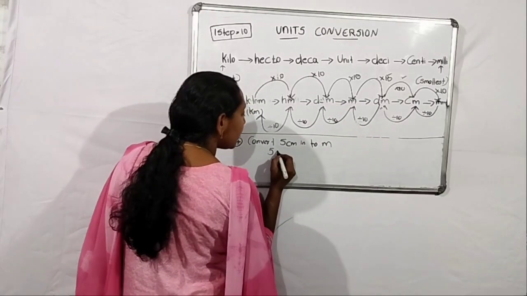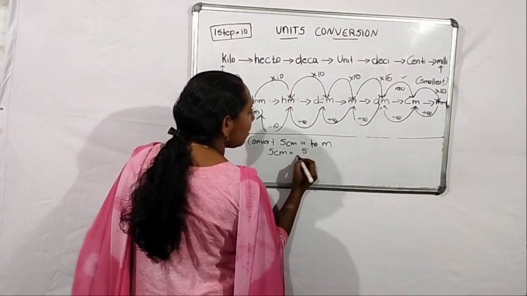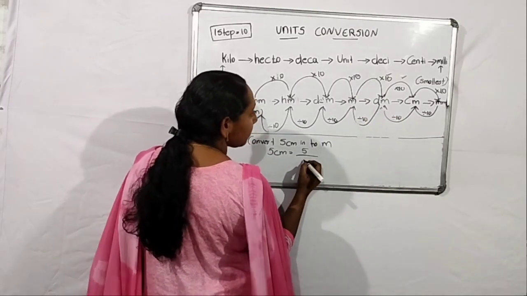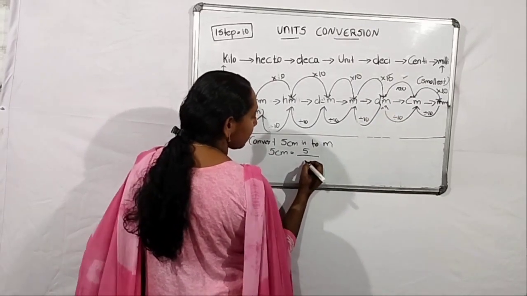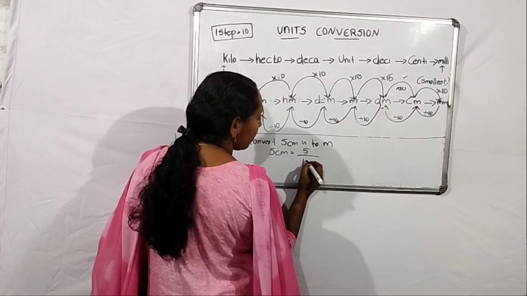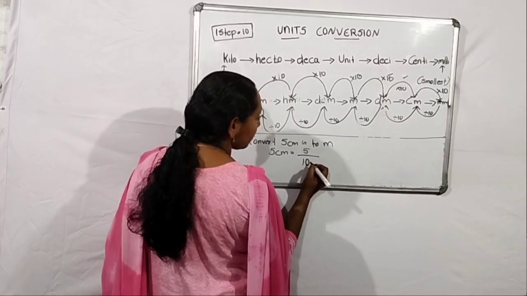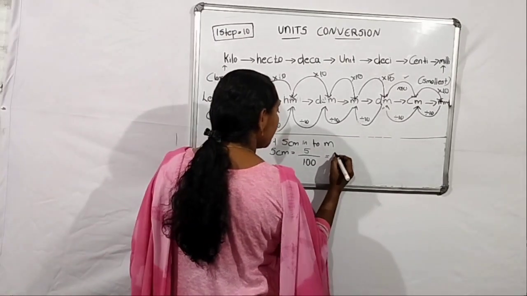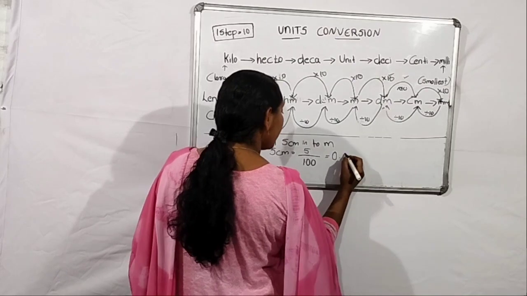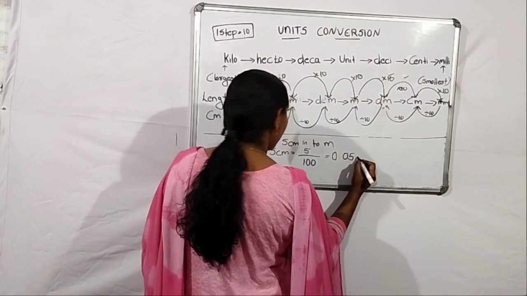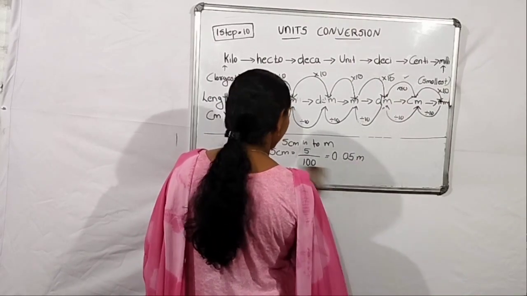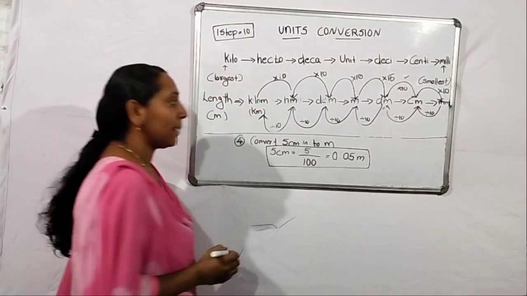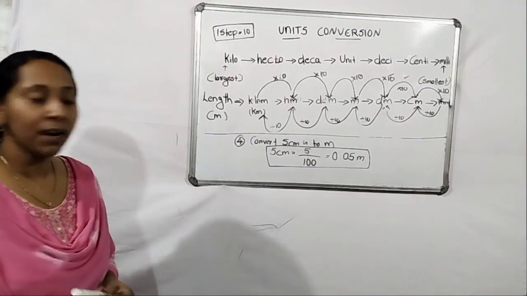That means 5 centimeter equals 5 divided by 10 two times. That means 5 by 100. So your answer is 0.05 meter. So 5 centimeter equals 0.05 meter. Clear everyone? So next example.